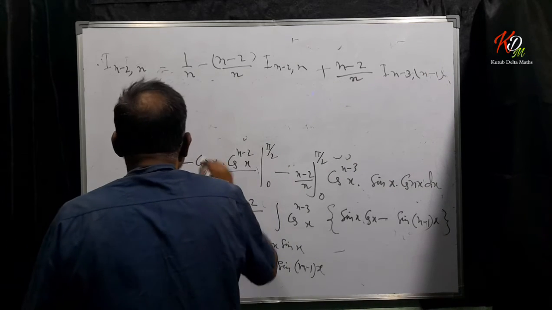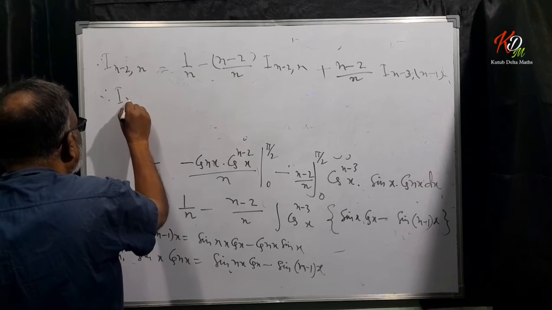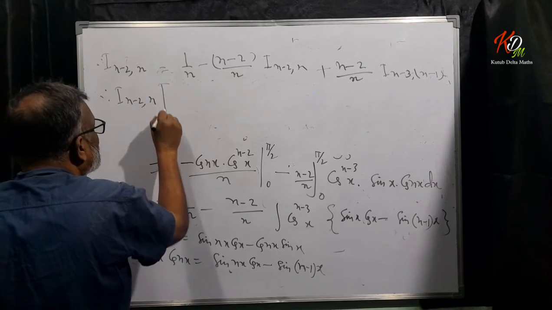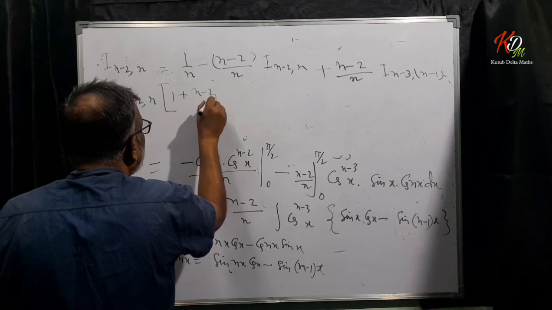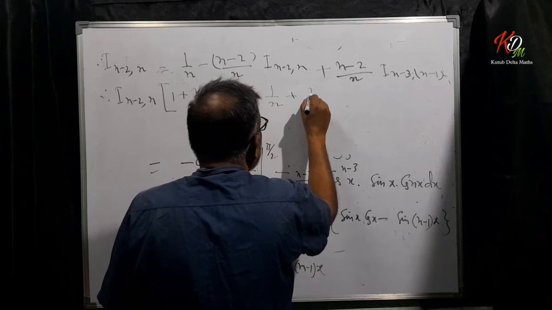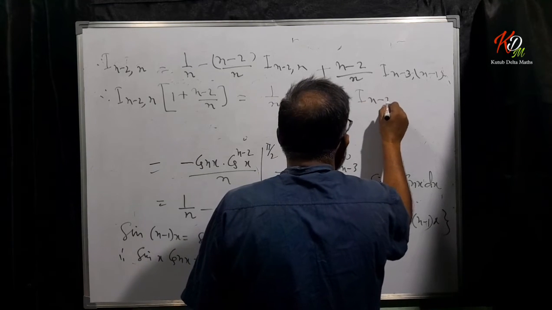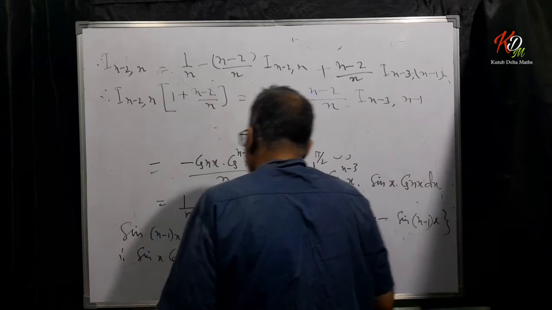So transposing, I n minus 2, n times (1 plus n minus 2 by n) equals 1 by n, plus n minus 2 by n, I n minus 3, n minus 1.